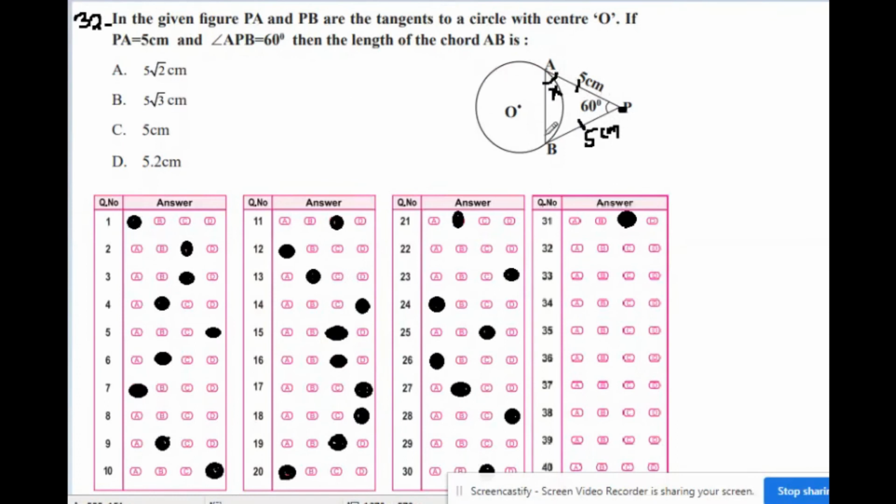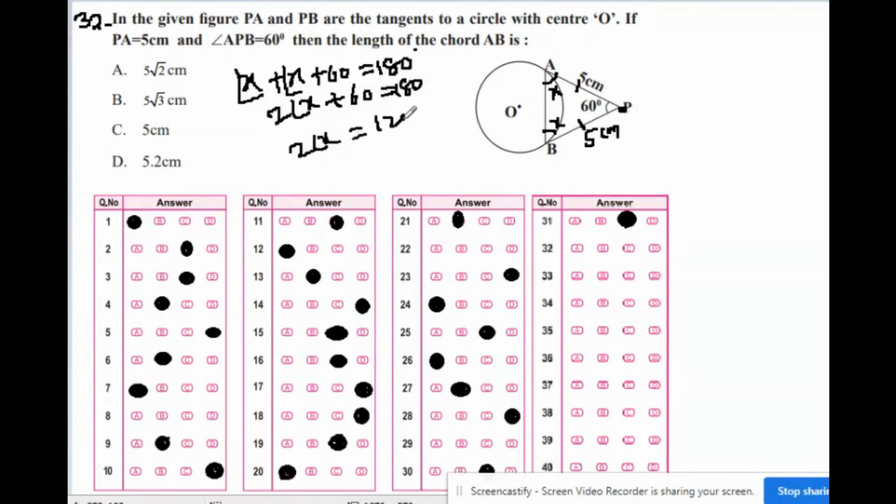I am assuming this angle as x, and obviously this will also be x because angles opposite equal sides of an isosceles triangle are equal. So x plus x plus 60 should be equal to 180, by the angle sum property of a triangle. 2x plus 60 is equal to 180. 2 angle x is equal to 180 minus 60, which is 120.